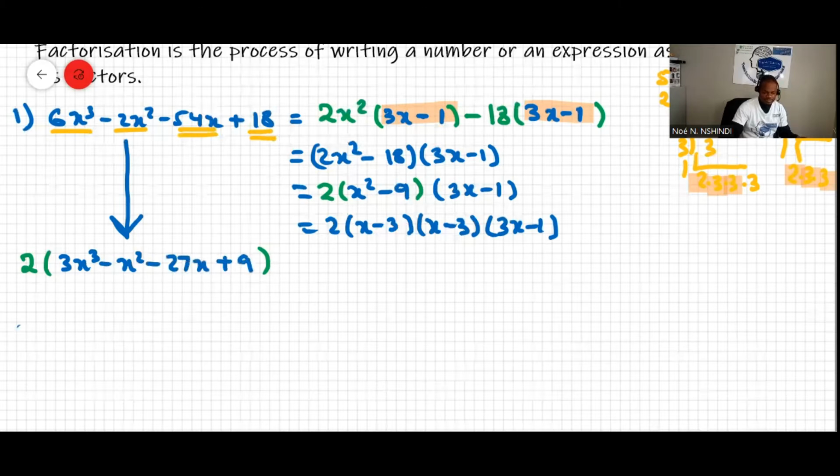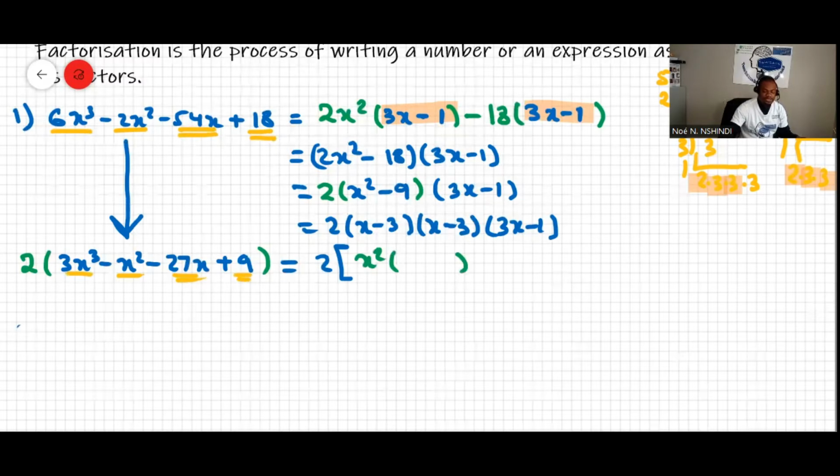We could do that. And then factorizing by grouping, this will be like 2, and I'll use the square bracket. I factorize by grouping the first 2 and the last 2, okay? By grouping, x squared will be there.